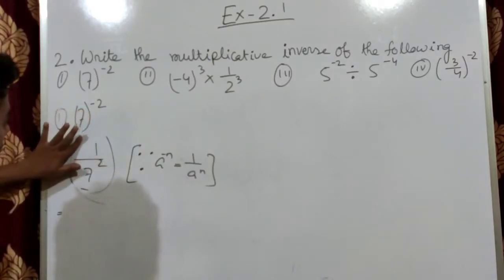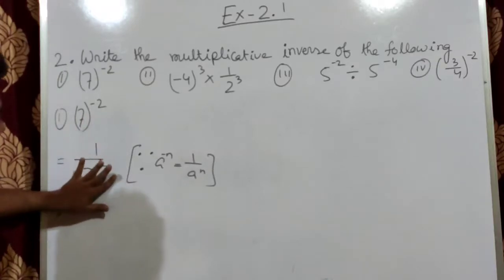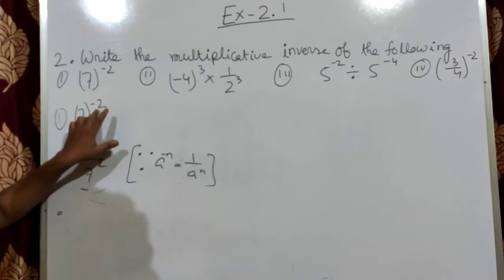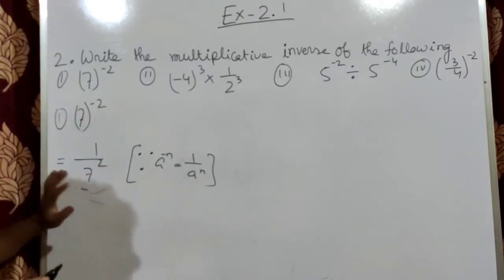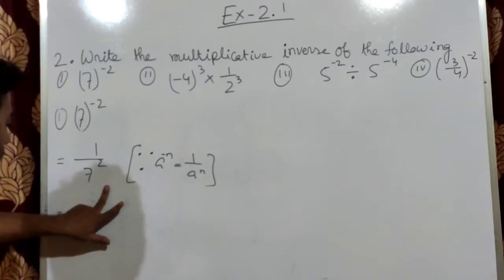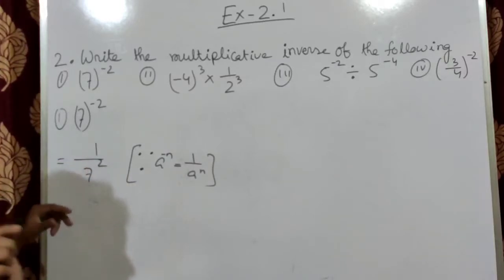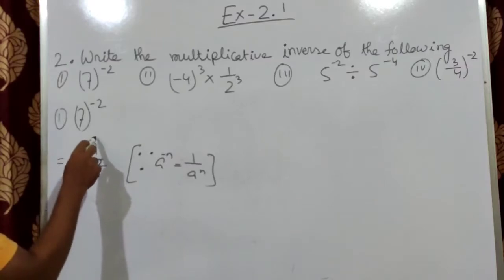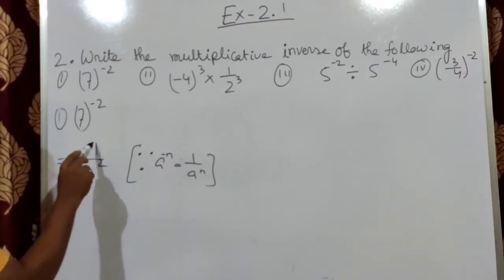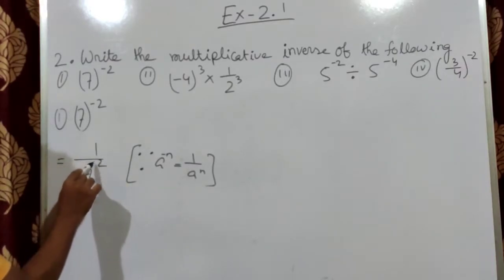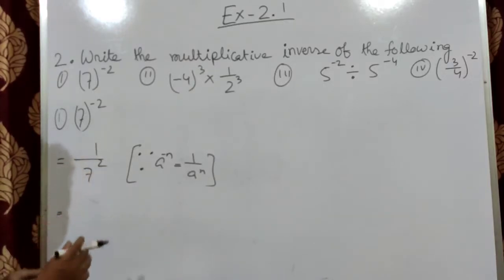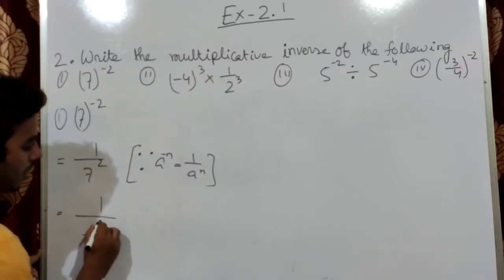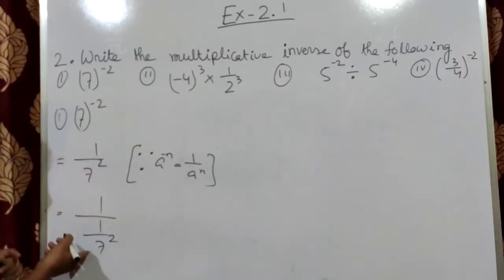In this case what we have done, in the first case we have just removed the minus sign. That is, their power is negative, we make the power positive in the first case. So now we have to find the multiplicative inverse of this expression or this number, that is 1 by 7 square. If we find its reciprocal, we will write it like this, right? 1 by 7 square, this is our reciprocal.